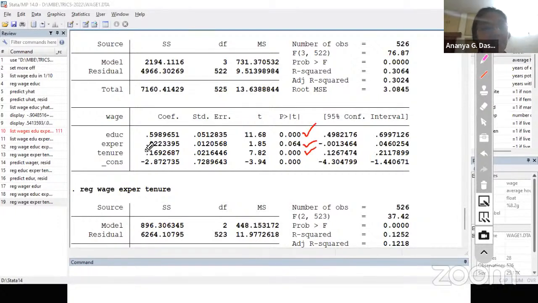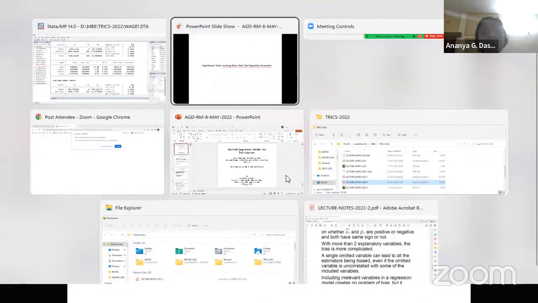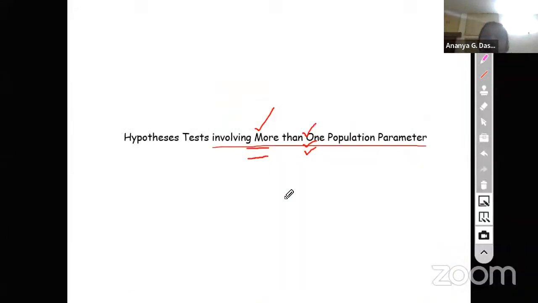All these tests involve a single parameter. So this t-stat is for the test on beta 1, this is for the test on beta 2, this is for the test on beta 3. But when you have a multiple regression model, you can actually do hypothesis tests which involve more than one population parameter. And let me take you through just a few of these as examples of what you can do. Okay, so here we go.